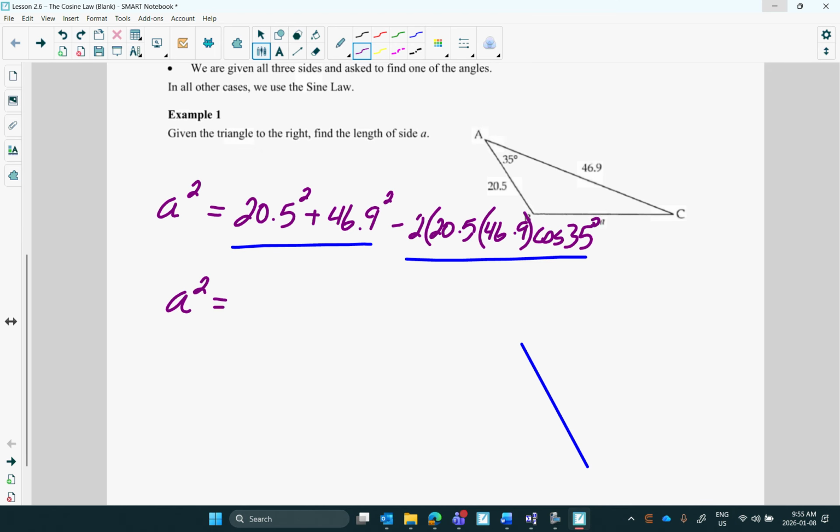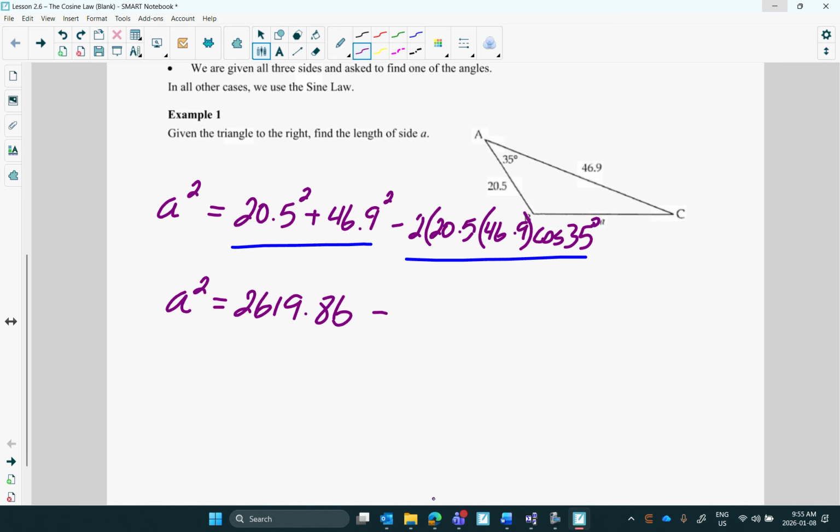If we do 20.5 squared plus 46.9 squared, we get 2,619.86. That's when we square those two and add them.